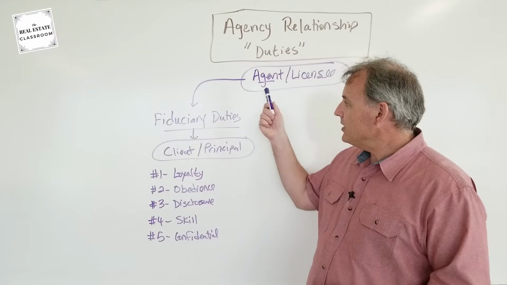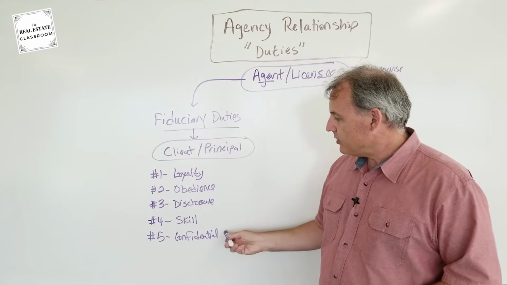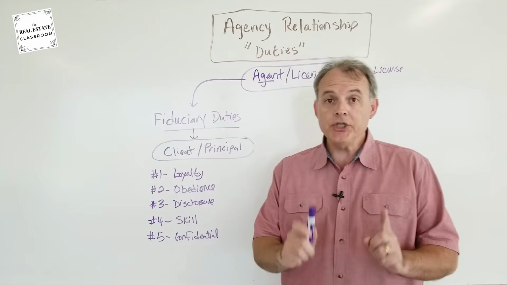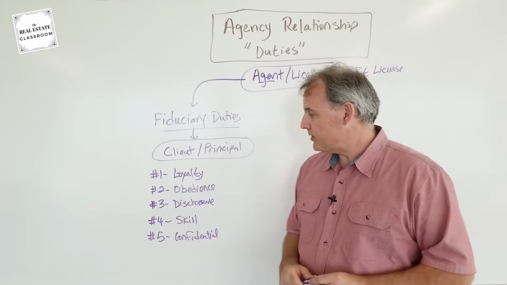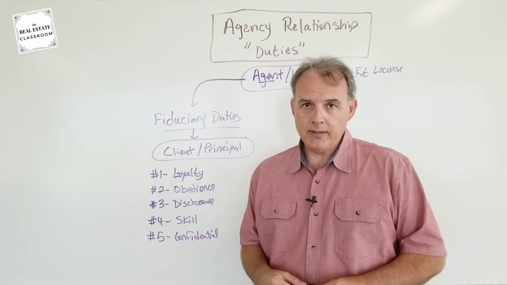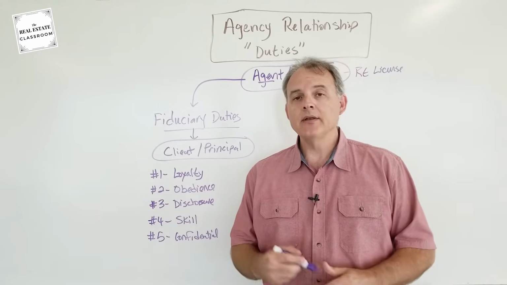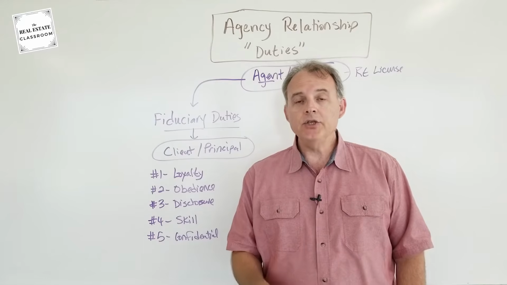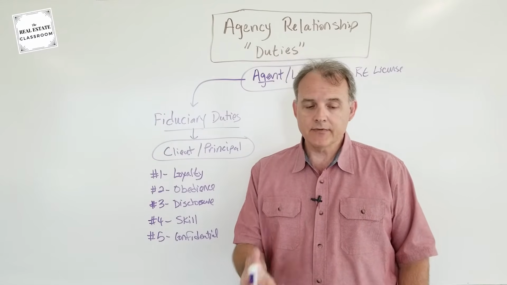Now, the agent cannot disclose confidential information whatsoever, legitimate, lawful confidential information. However, if the seller wants that information to be provided to anybody, then with permission of the client, you can release that confidential information.